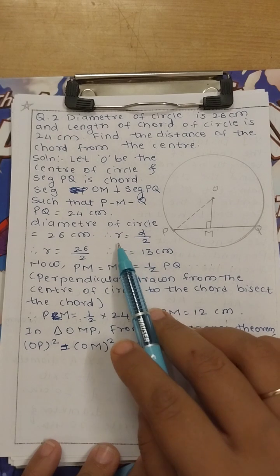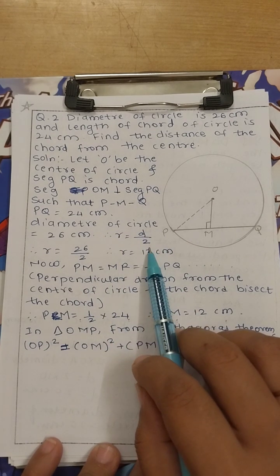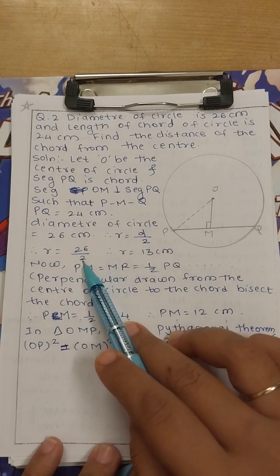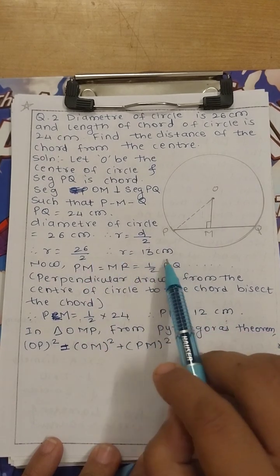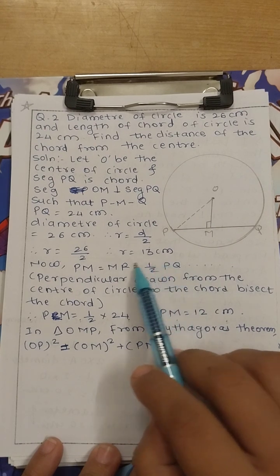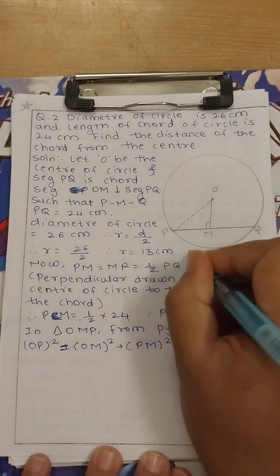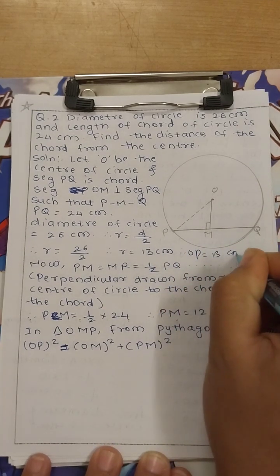Then what is the radius? R is equal to D upon 2. So r is 26 upon 2. Therefore r is equal to 13 centimeter. What is r? It is PO, OP. Therefore OP is equal to 13 centimeter.